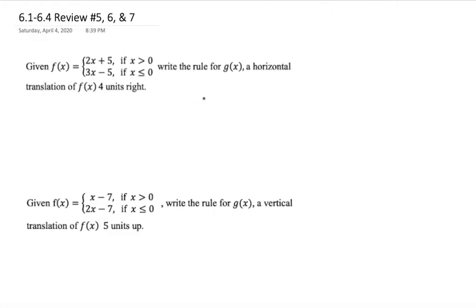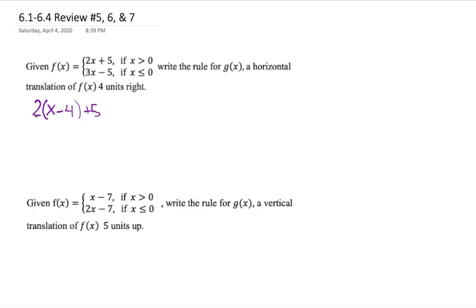For numbers 5 and 6, you're going to have to write the rule when, in this case, you have a horizontal translation of 4 units right. So remember, when it's a horizontal translation, that is going to affect the domain. So 4 units right, let's take this, and instead of writing an x, I'm going to write x minus 4 because that would indicate 4 units right.